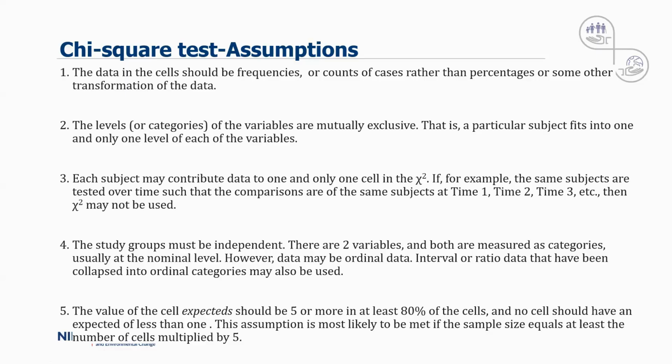If it is not, this chi-square, which is a continuous distribution, its continuity is destroyed. So for the criterion of at least 80% of the cells, if you are looking at, let's say, a 2x2 table, you would want all four of them to have cell frequencies of 5 or more.